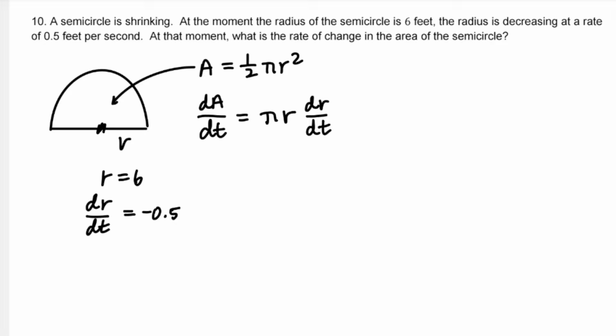And then I'm going to plug in the pieces. Okay, we're solving for dA dt. So dA dt at the time we're interested in is going to be pi times radius times dr dt. So that would be -3 pi.